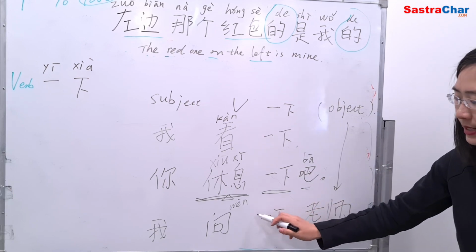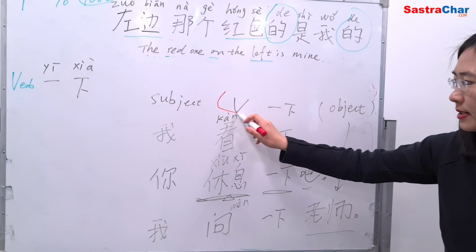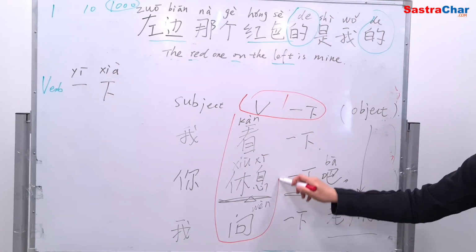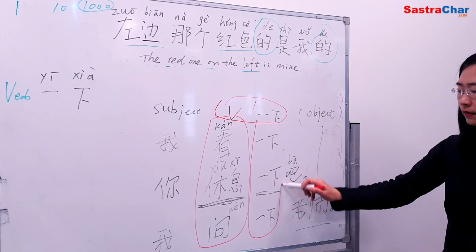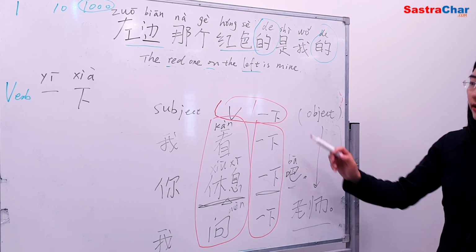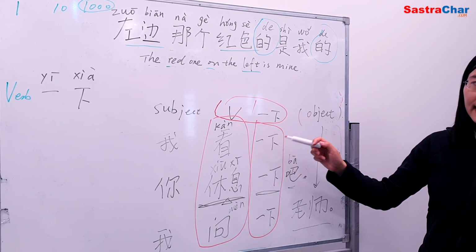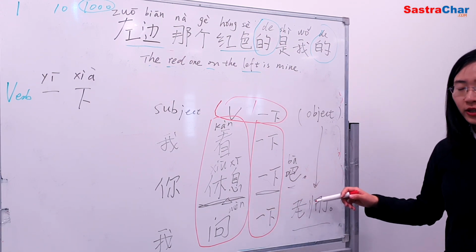So 一下, you can see here, will be followed by a verb. All these words are verbs, right? And they follow the verb to indicate the verb is taken shortly, or it can be an attempt. So 问一下 is an attempt to ask the teacher. Okay?